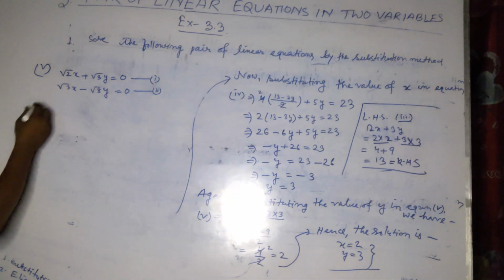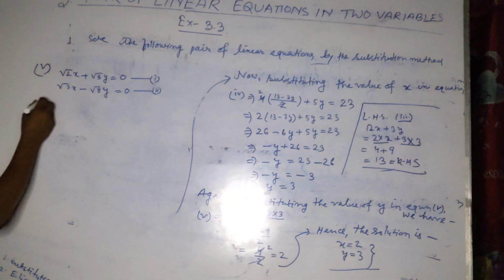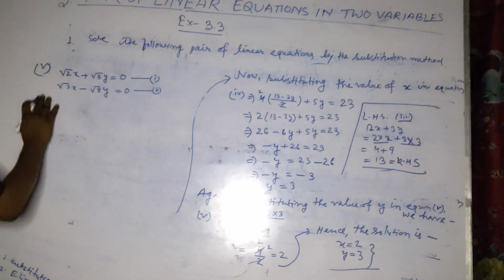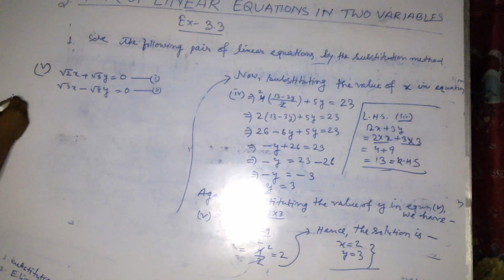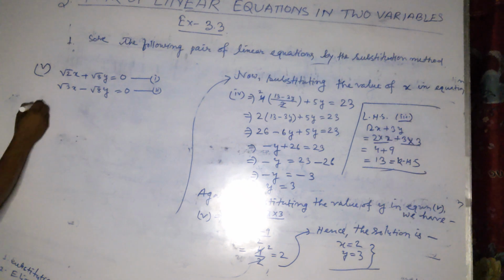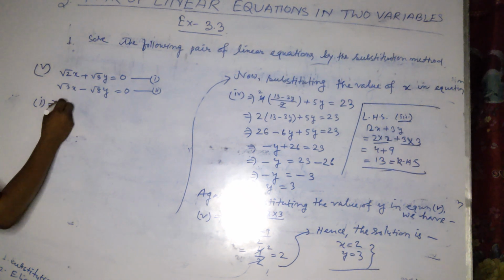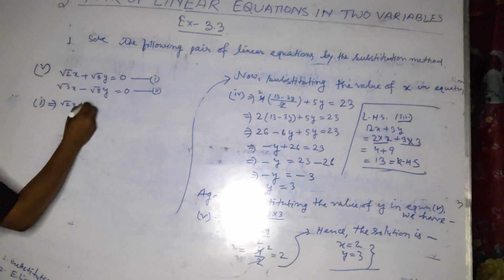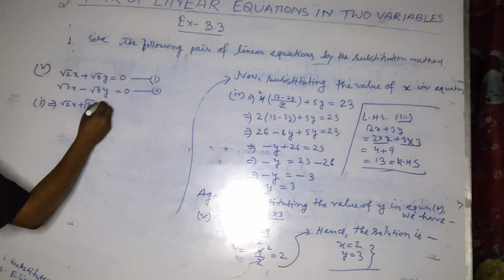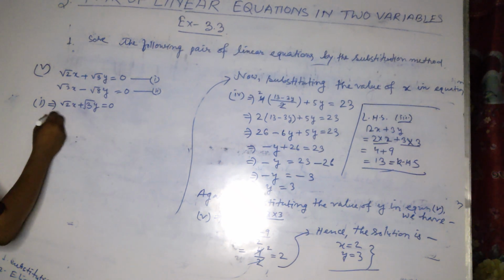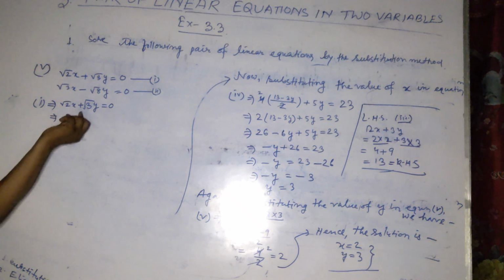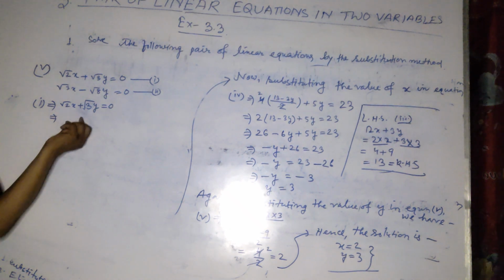Next one, from 1, we have to write here. Root 2x plus root 3y is equal to 0. Here we have to keep the value of x on the left hand side.